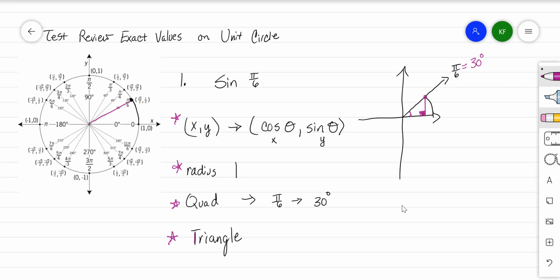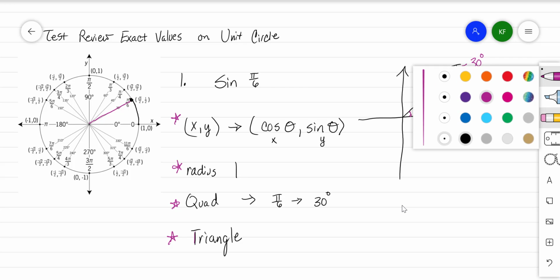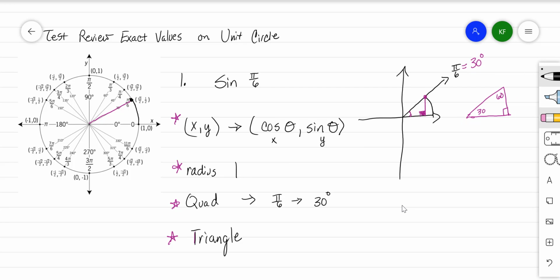What triangle are you using? You are using a 30-60-90 triangle. Then you will tell me opposite the 30 is 1, opposite the 60 angle is the square root of 3, and finally the hypotenuse is 2.